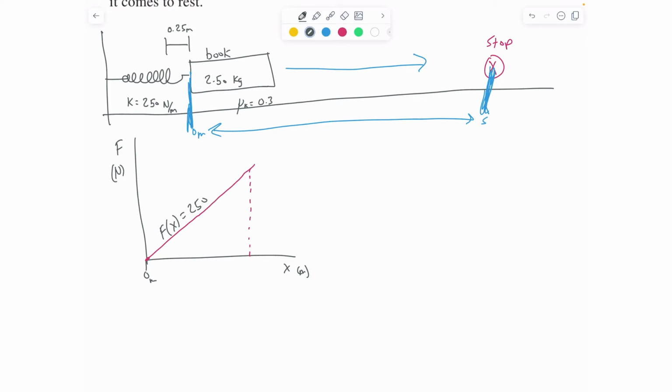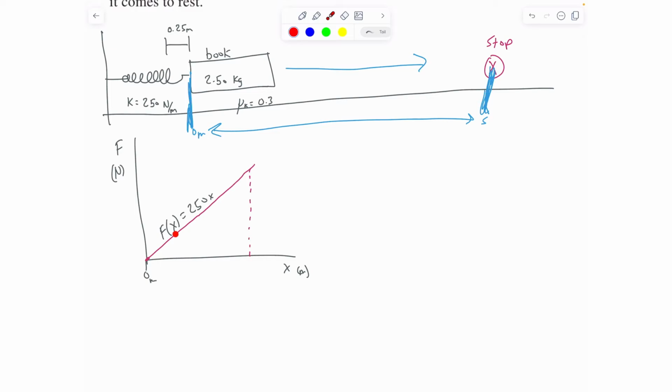This is a linear slope, so it's 250 x. If I know my x, I just put the x in times 250, and then you get your force.